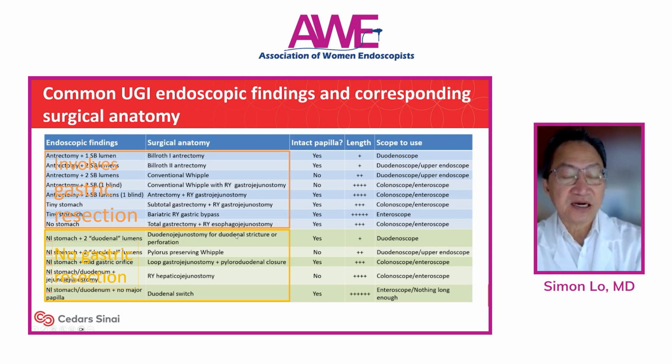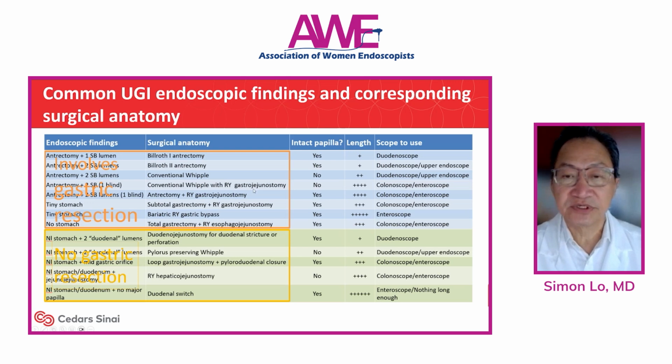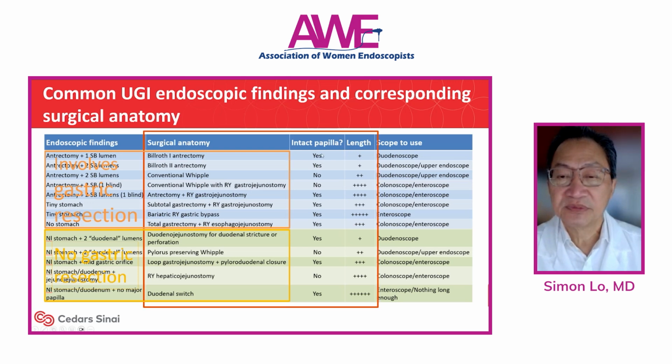Some of these anatomies involve gastric resection, whereas others are without any surgical resection. Some of them involve intact papillas and some don't. And finally, some lumens are much longer than others in order to reach the papilla or the biliary anastomosis.